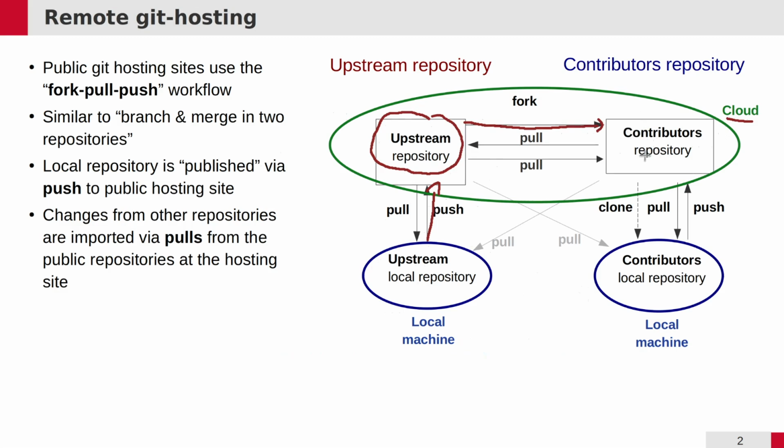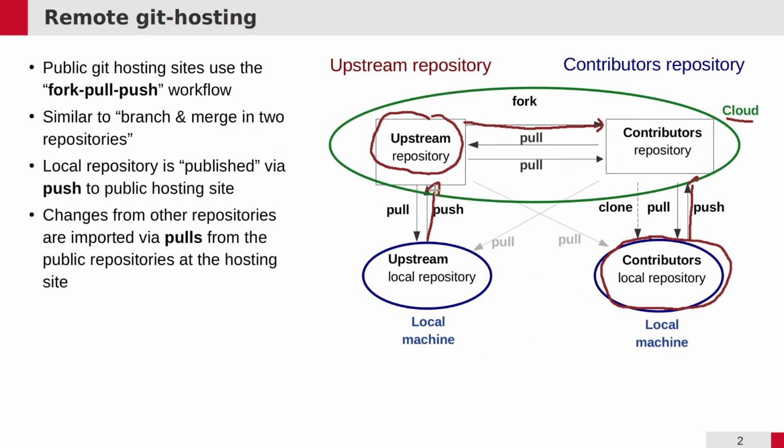Then the contributor clones it once and has their own version, and develops exactly as we did in the previous examples. But whenever the contributor would like to publish something, they push it to the cloud and then ask, via the Git hoster, the upstream people to incorporate the changes into the main version.